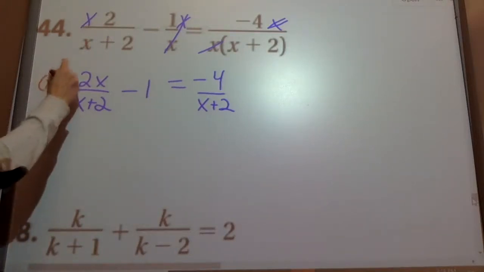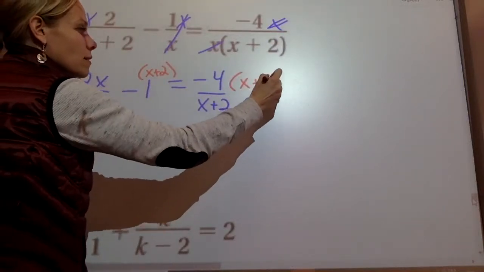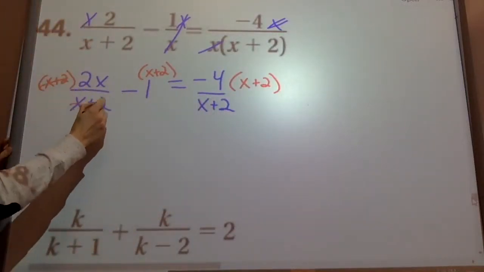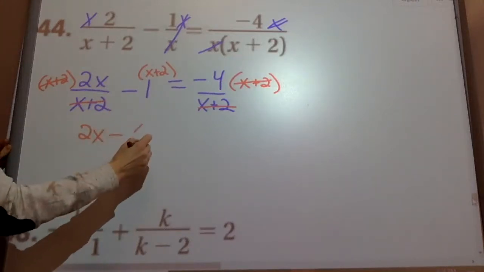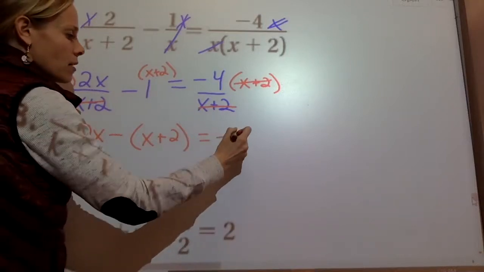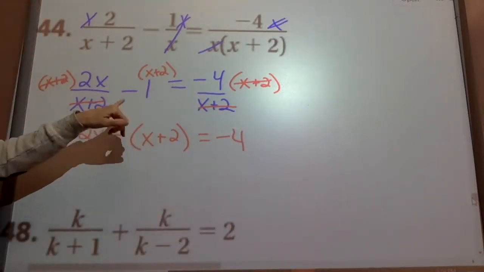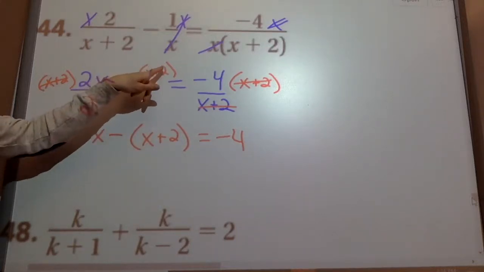Why did the x's cancel? Because there's two of them on the first one. So those are gone. Those are gone. And I get 2x minus parenthesis x plus 2 equals negative 4. Why do you need parentheses? Because I'm subtracting this whole term. And the whole term would be x plus 2.